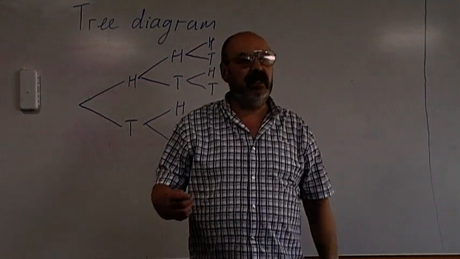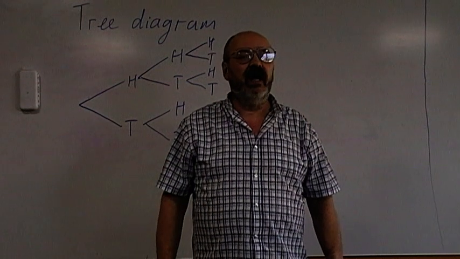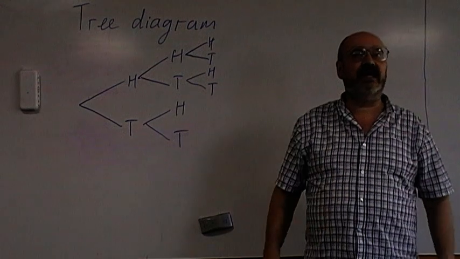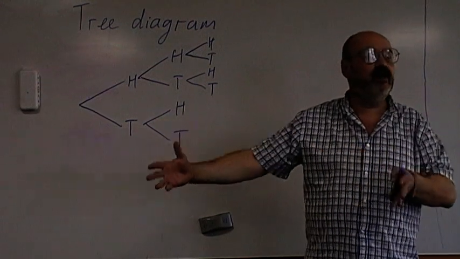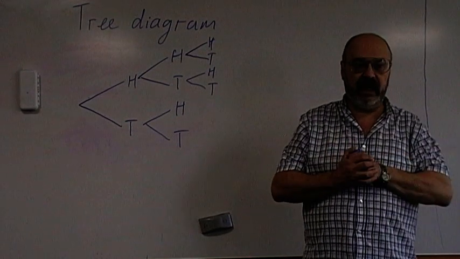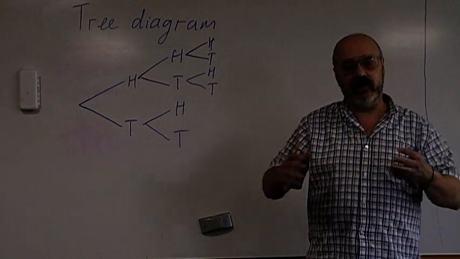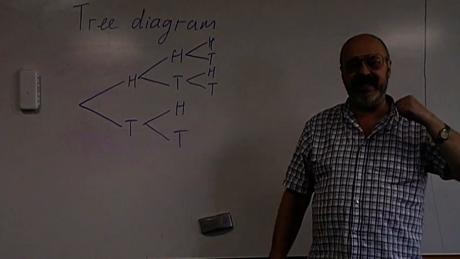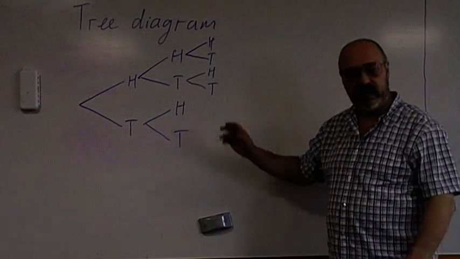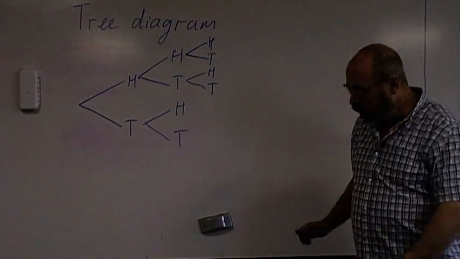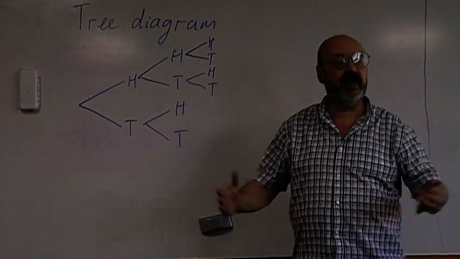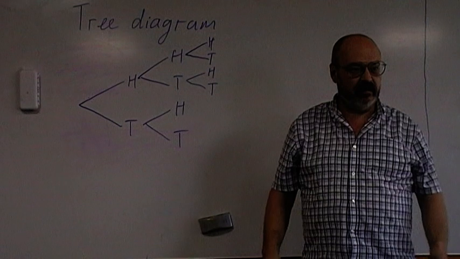But it does not mean that if you repeat that experiment 100 times, you will necessarily get 1 head, 1 tail 50 times. In the long run, that will be our topic of the lesson on Friday, the experimental probability. Yes, you're right, this is theoretical probability. But in the long run, theoretical and experimental probability come together.